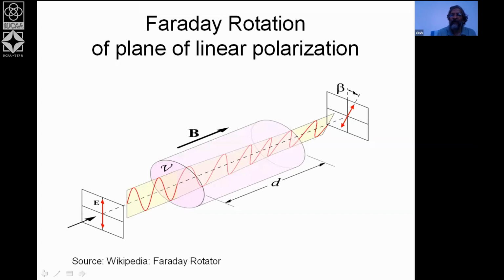The rotation depends on the property of the intervening medium, including the distance over which these changes are effected, and particularly on the magnetic field strength. This is true if the magnetic field has any component along the direction of propagation, so it depends on the line of sight component of the magnetic field.